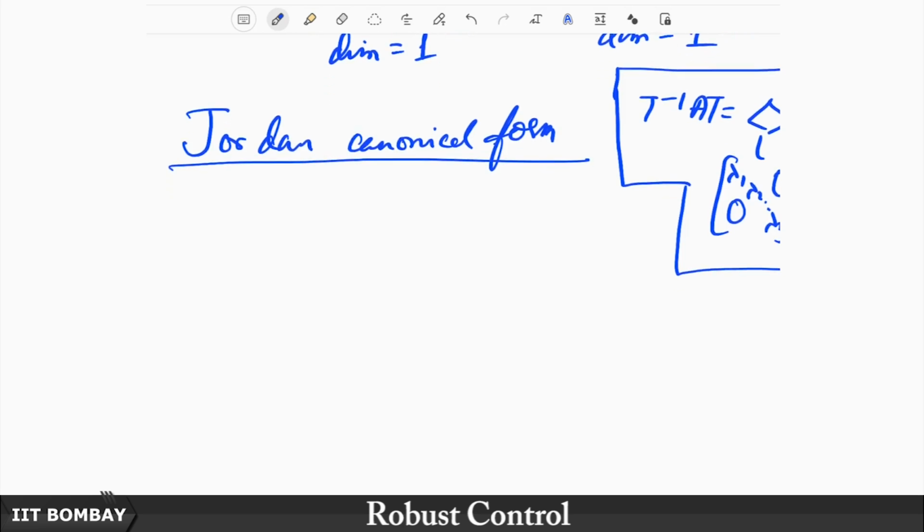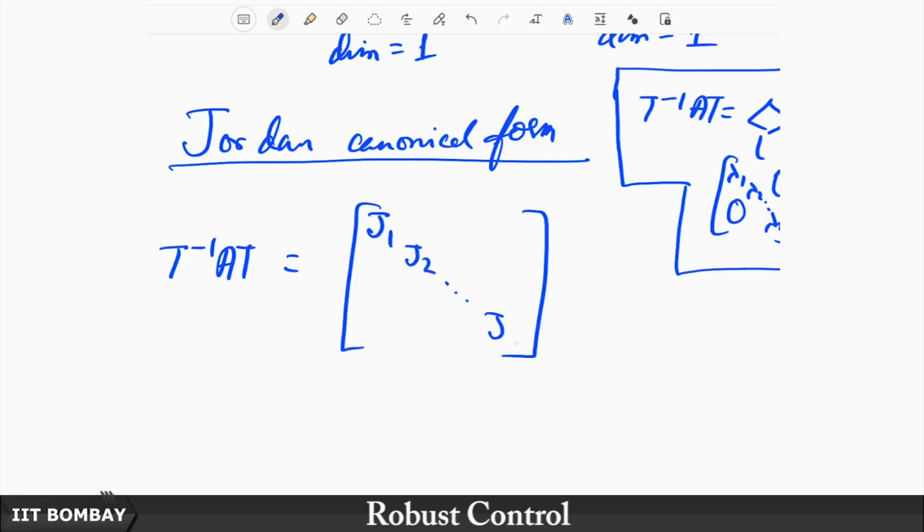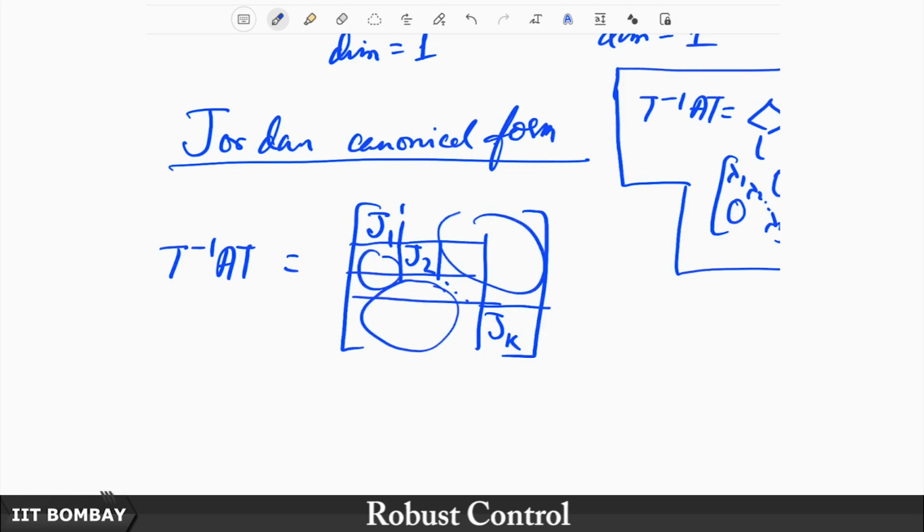What we are shooting for is something like this: you get a T inverse AT, and instead of having just the diagonal entries here, we will have some block diagonal J1, J2, dot dot dot, till JK, let us say. Okay. So, each of these are now block matrices, where everything else is 0, right. So, the next best thing to a diagonal matrix is a block diagonal matrix.